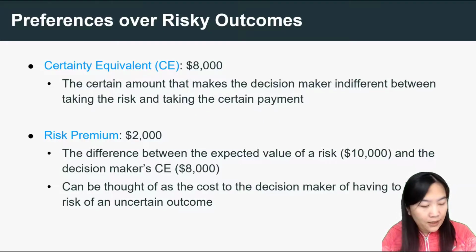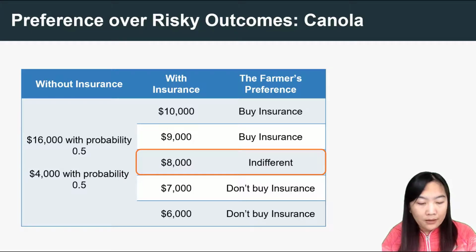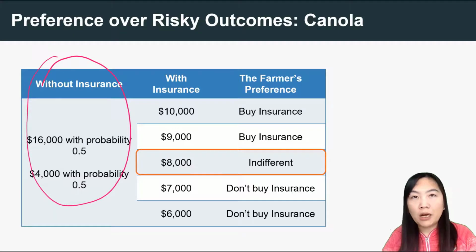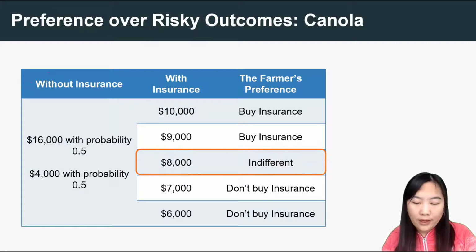In this table, the farmer is indifferent between taking the risk, which is this side, or taking the certain amount under the insurance. When that person is indifferent, that's the CE amount that you're looking for.